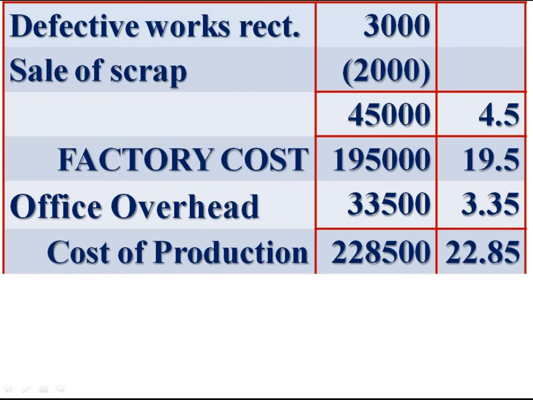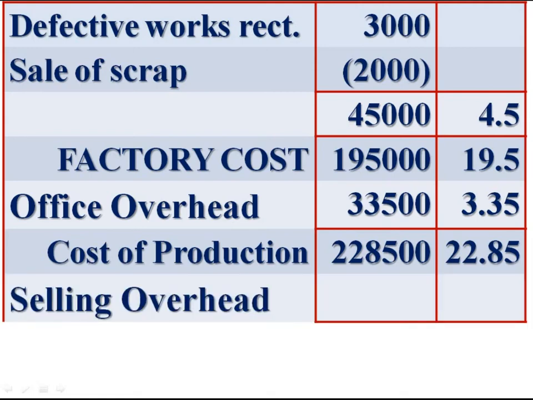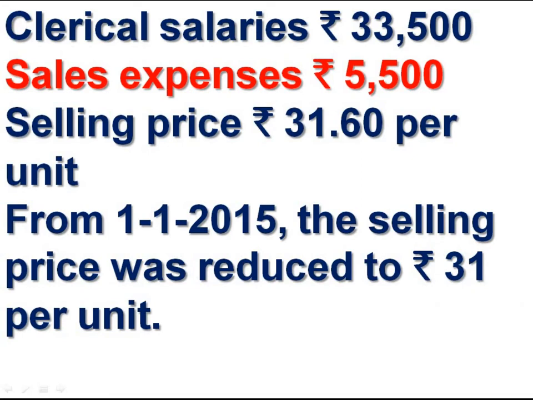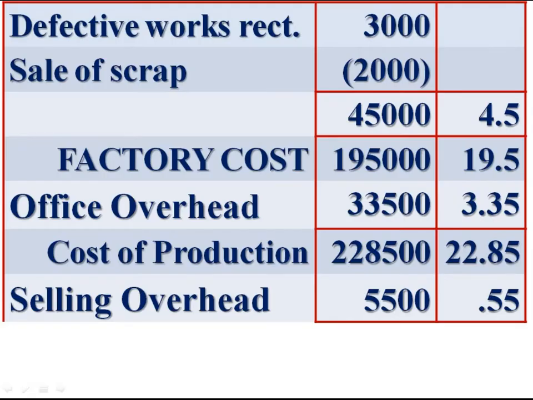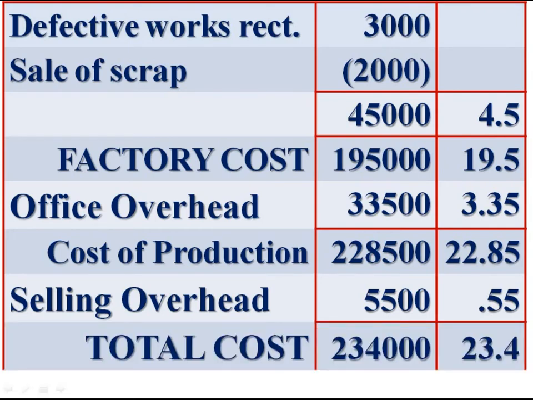We get cost of production 2,28,500, rupees 22.85 per unit. Add selling overhead. We are given sales expenses rupees 5,500. Add it. We get total cost 2,34,000, rupees 23.4 per unit.